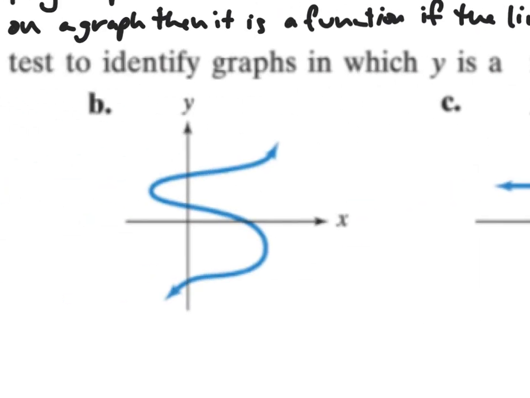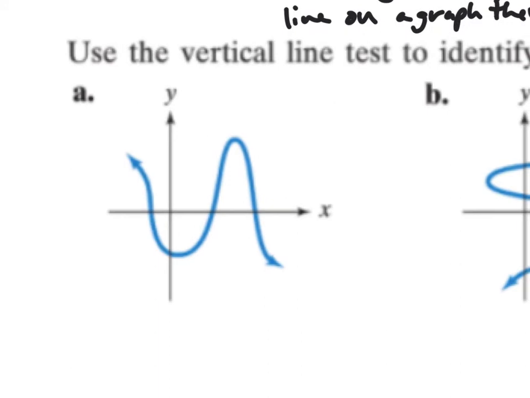All right, so if I come over here and look at part A, I'm going to create a vertical line. Okay, so here's my vertical line. It's mainly vertical. And so if I move this line across my graph, what I notice is that my vertical line will only hit one point along the graph. Okay, so if I put it right here, notice what's happening.